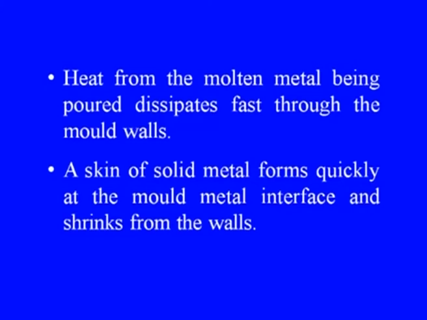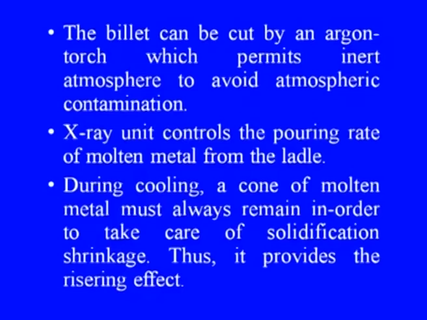Heat from the molten metal being poured dissipates fast through the mold walls. A skin of solid metal forms quickly at the mold metal interface and shrinks from the walls. The billet can be cut by an argon torch, which permits an inert atmosphere to avoid atmospheric contamination.